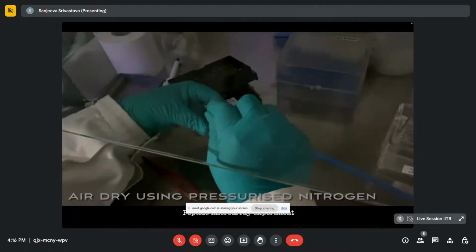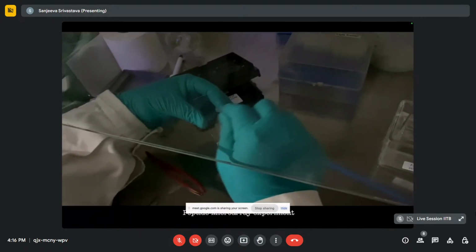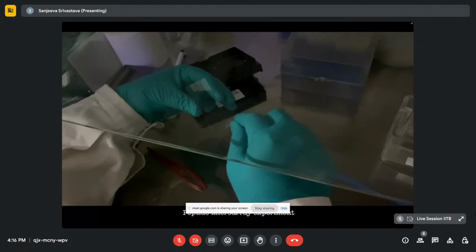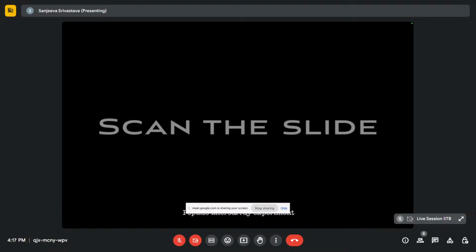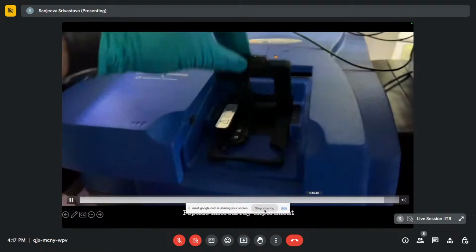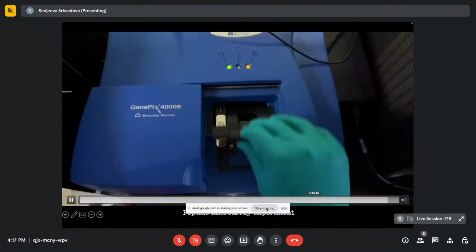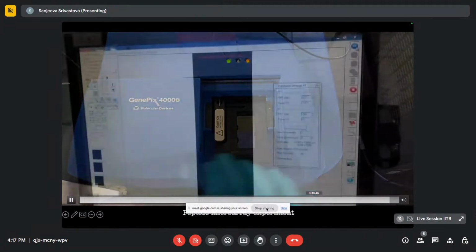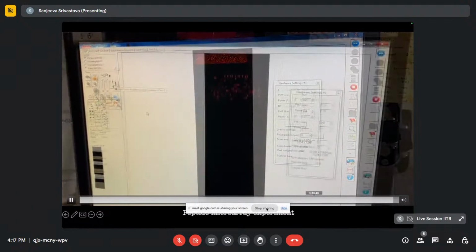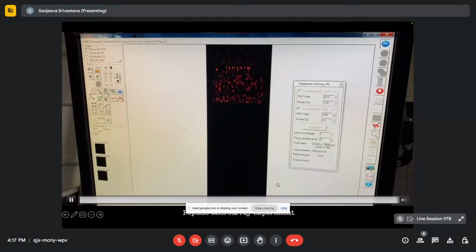Use a pressurized stream of nitrogen to completely dry the slides. Finally, we will scan the slide. This is the microarray scanner, GenePix 4000B. We are using manufacturer recommended settings for scanning the slide.